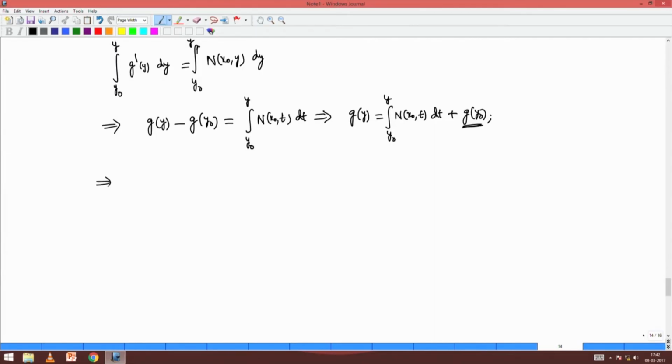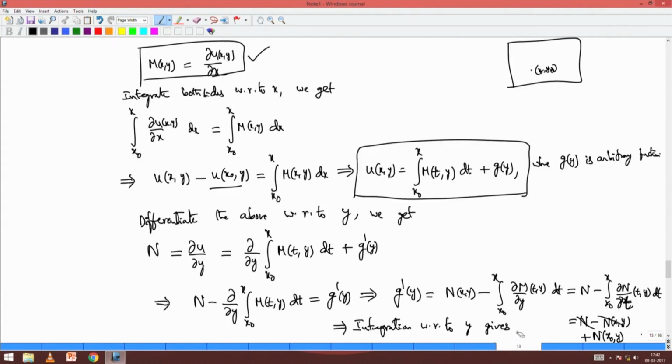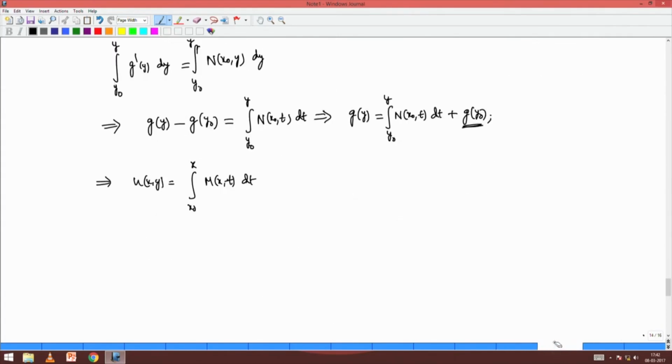Now this implies u of x, y, which is equal to the integral from x naught to x of m of t, y dt plus g(y).